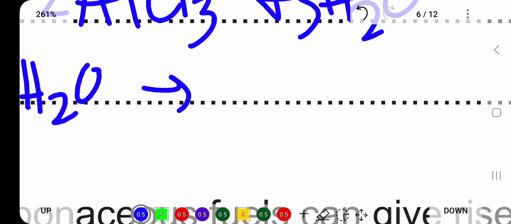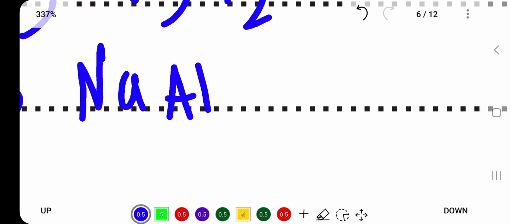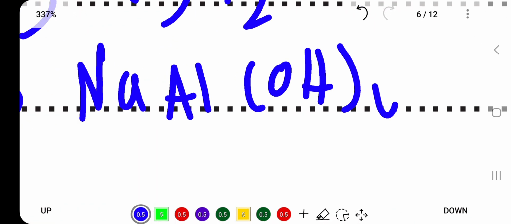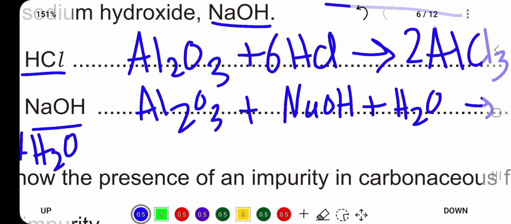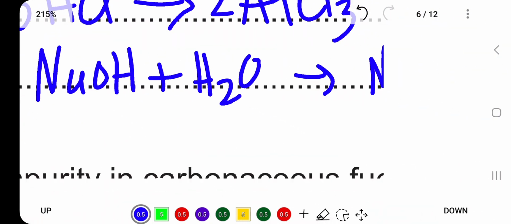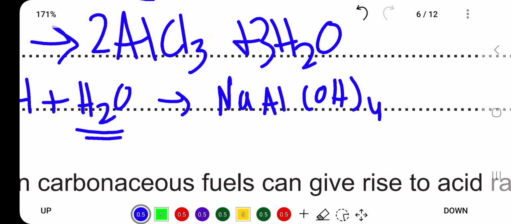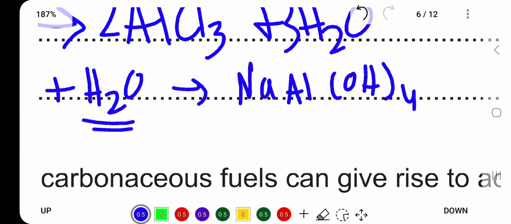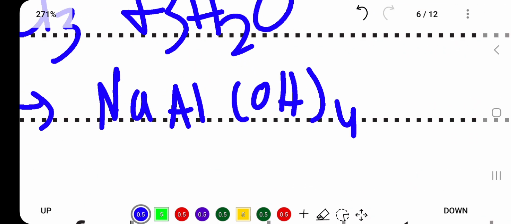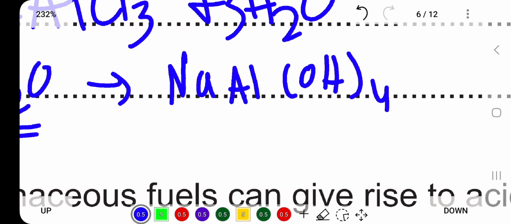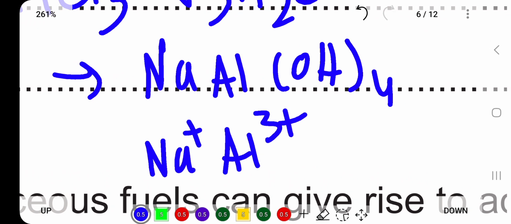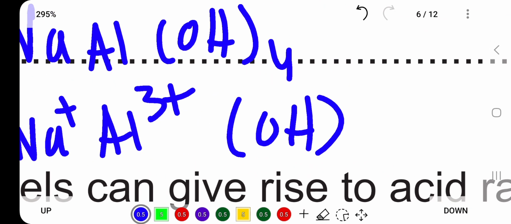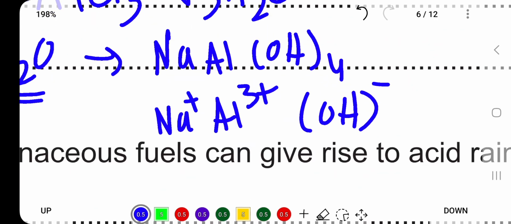To give you now also this part is unfortunately learning. Alright, so please just try your best to learn this part, alright? Basically Al2O3 plus the base plus H2O, I should always add H2O to give you this compound. Please just memorize it. NaAl(OH)4. And if you wonder how did that come from, I wonder too. Na plus, Al3 plus, then you have OH minus.